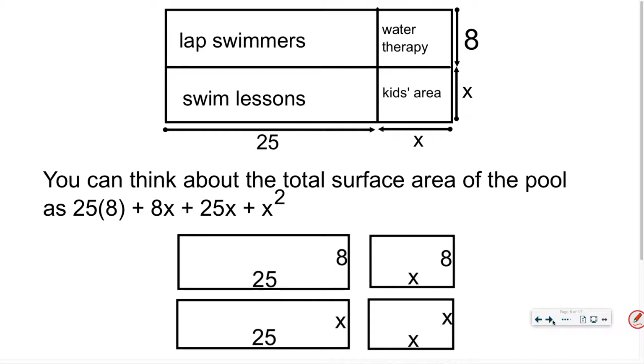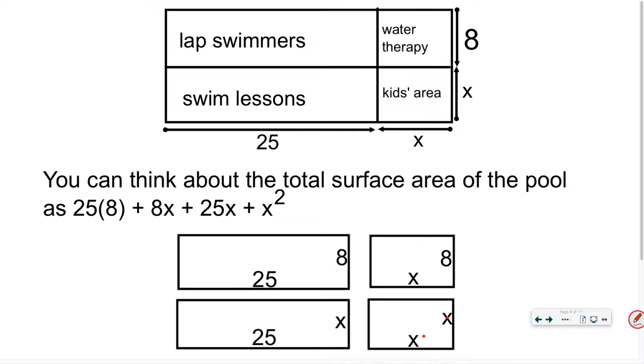You could think of the total surface area as all of the sections individually and then put together. So same concept as before. You pointed out, Mortimer, that you knew the area of this was x squared because it was x times x.